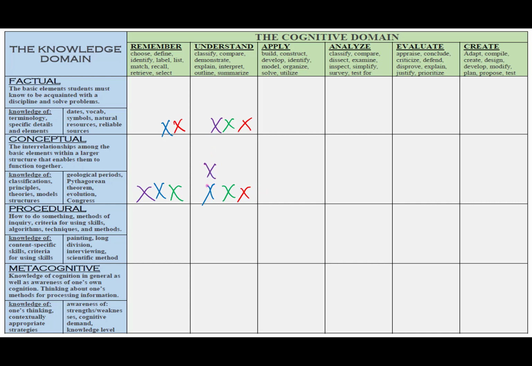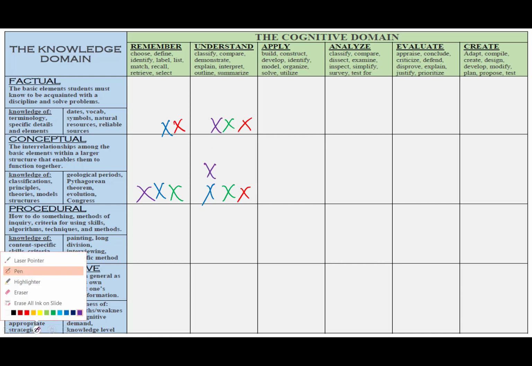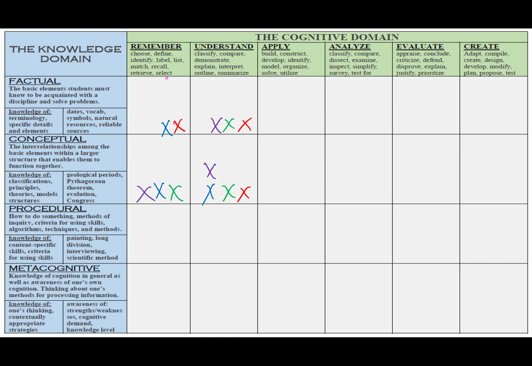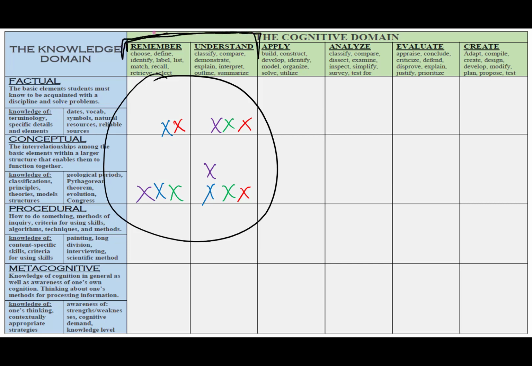Okay, well, all of my objectives are bunched into this one location, right? So everything is on the lower end of the cognitive domain here with your lower order thinking skills, and in the factual and conceptual knowledge domains.